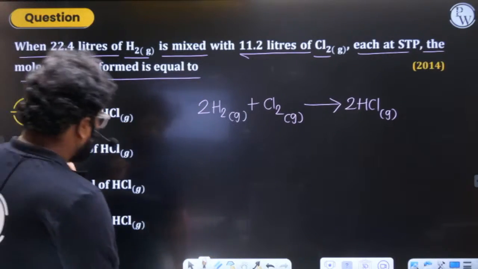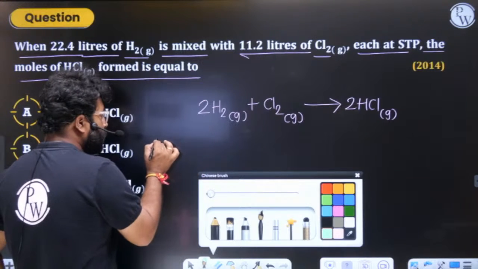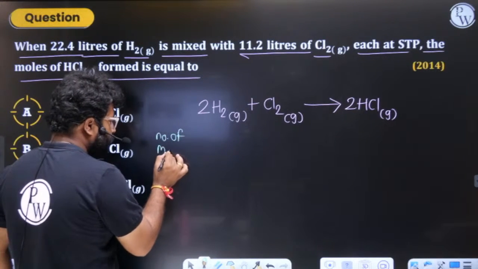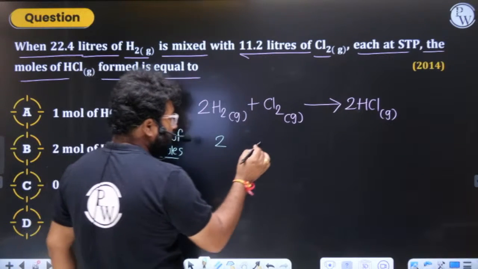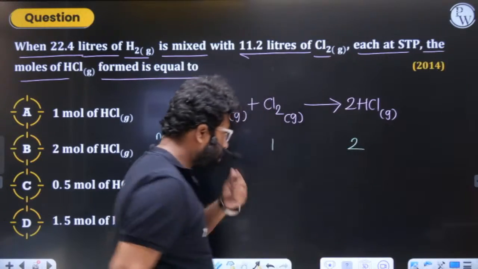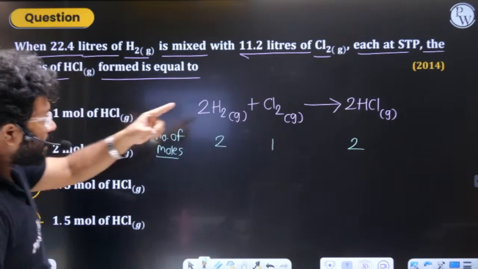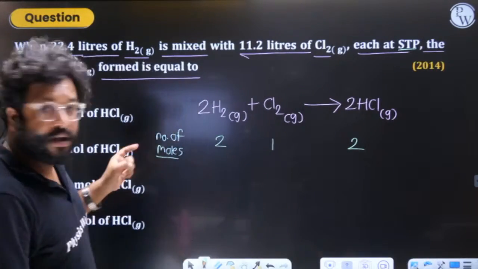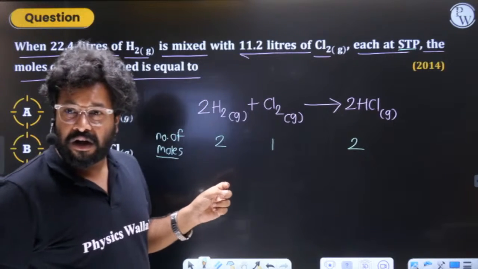So you can see here, beta, let's take the mole ratio. If you have 2 moles of hydrogen, you need 1 mole of Cl2 to produce 2 moles of HCl, right? Now, conditions are at STP. You can see here, conditions are at STP and not balanced.